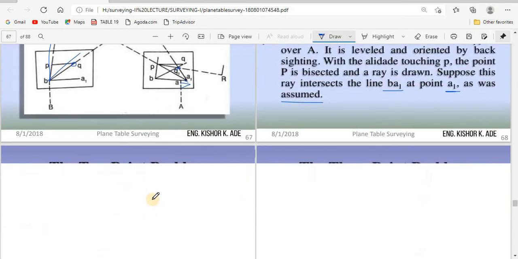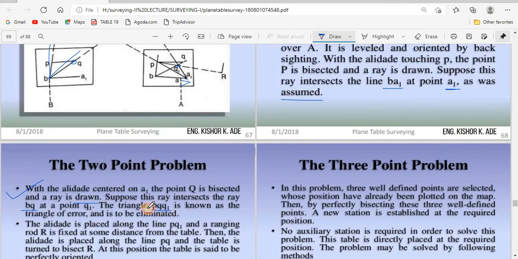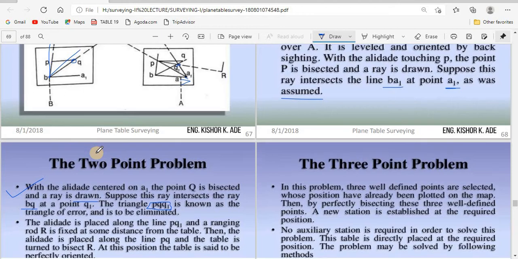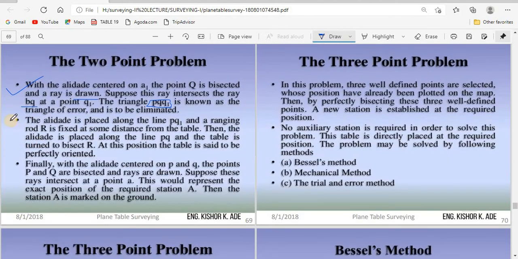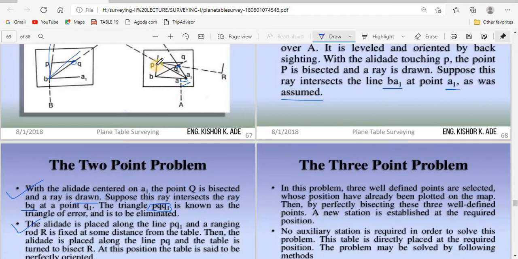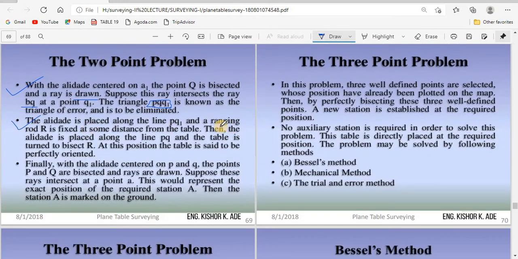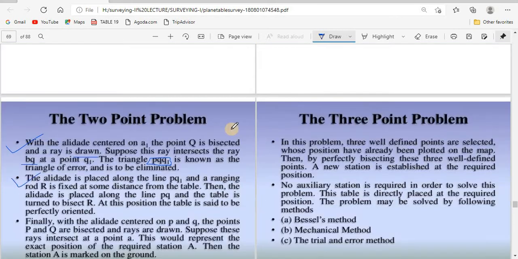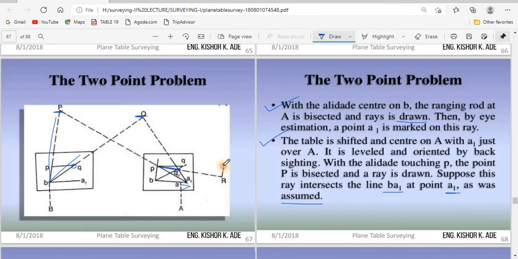For that, the alidade is placed along the line PQ1. After that, a ranging rod R is fixed at some distance from the table.